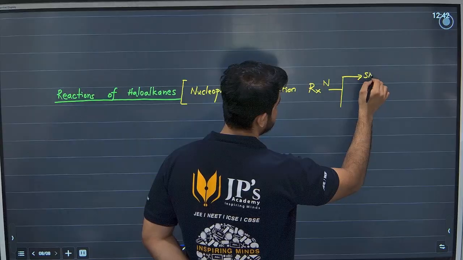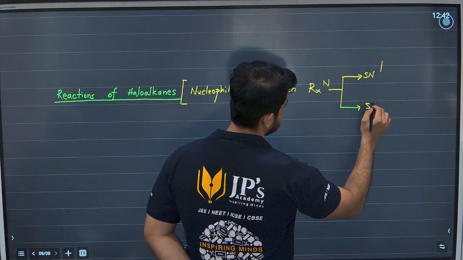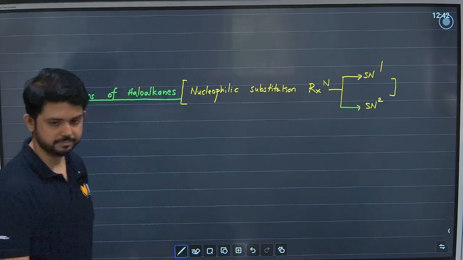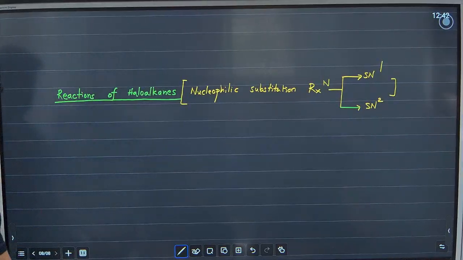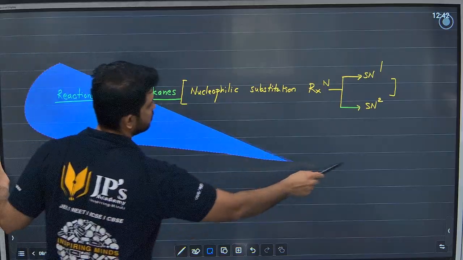SN1 and SN2, ठीक है. चलो, let's start with the first one. Basic general reaction लिखते हैं SN1 and SN2 का.